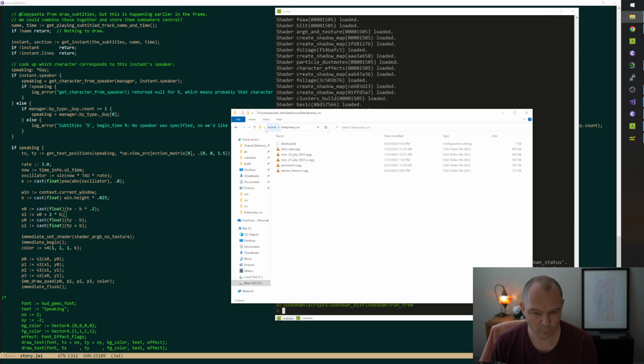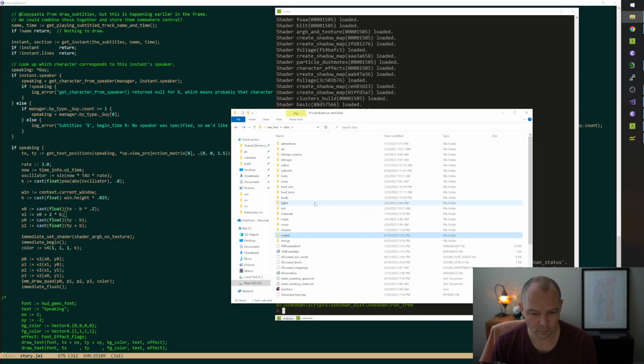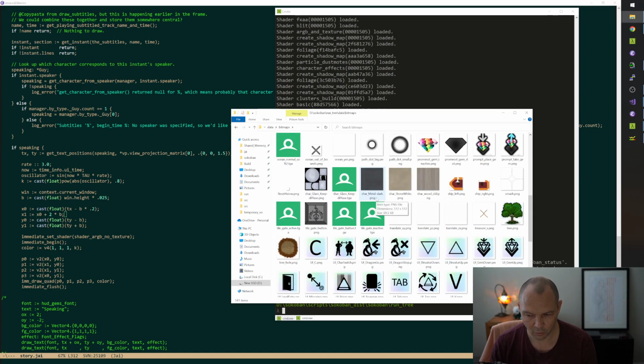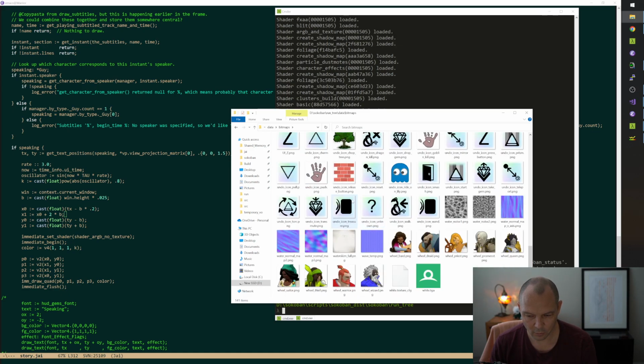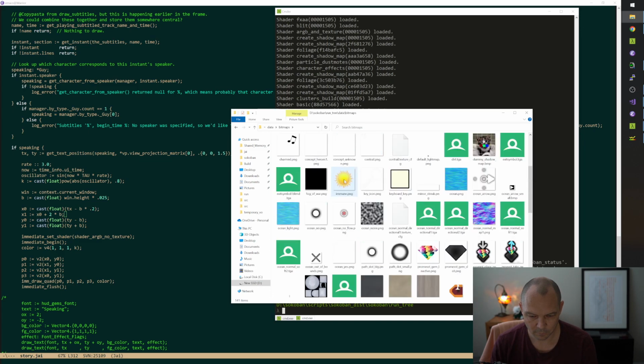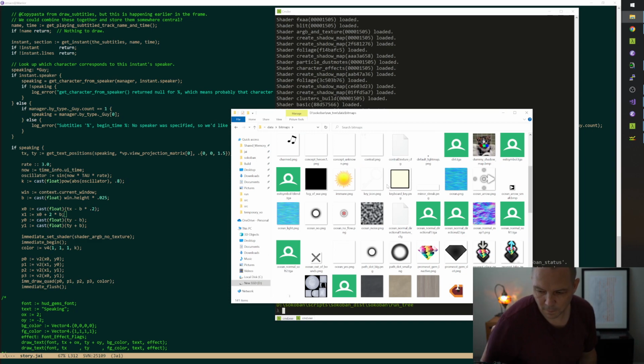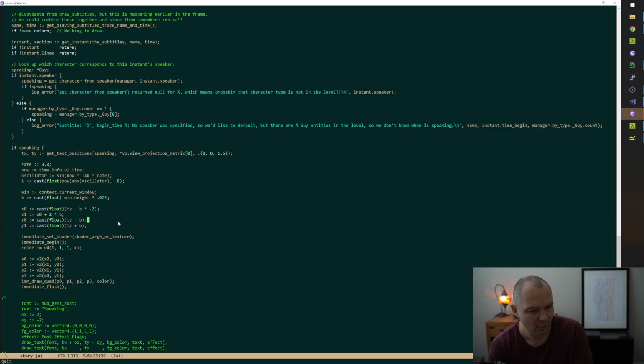Yeah. Okay. Bitmaps. Doesn't really matter. Could use keyboard key.